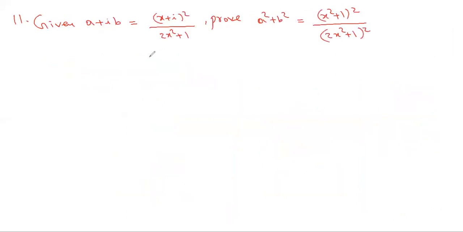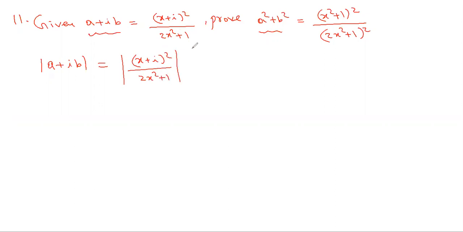Okay, fine. Coming to this, a plus ib is given in the LHS, and a square plus b square is what you can see in the required expression. So like in the fourth problem, you take the modulus on both sides. The denominator is a real number, and every real number is a complex number. So mod of a plus ib equals the modulus of (x plus i) the whole square by 2x square plus 1.